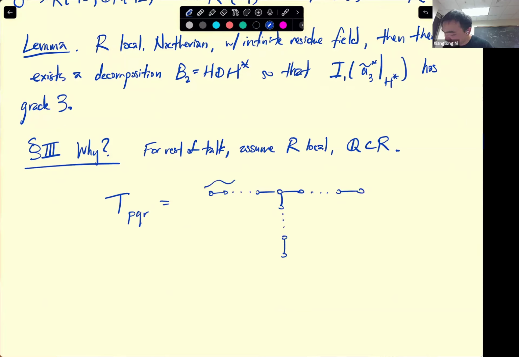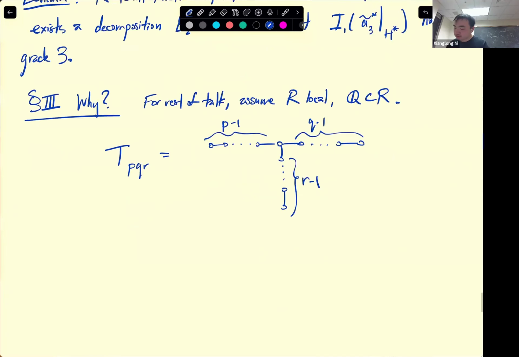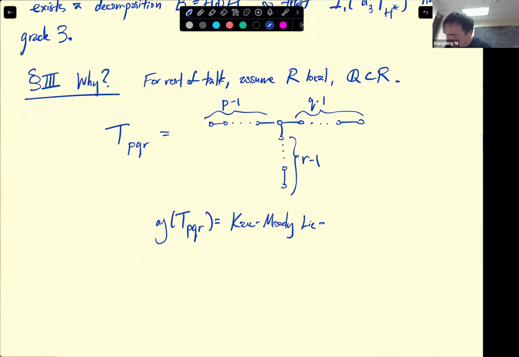So it has one arm of length P minus 1, one arm of length Q minus 1, and one arm of length R minus 1. Right. And associated with this graph, one can define a Kac-Moody-Lie algebra, and this is finite dimensional exactly when T, P, Q, R is a Dynkin diagram, right?